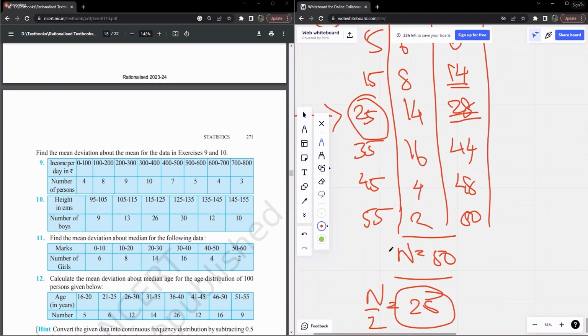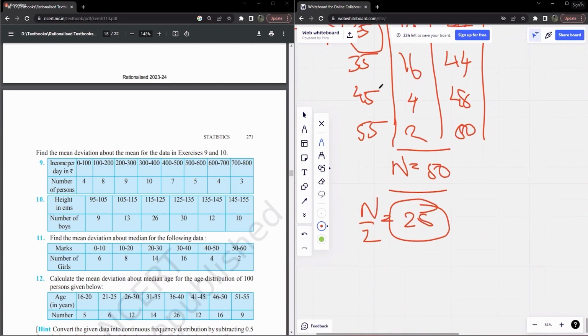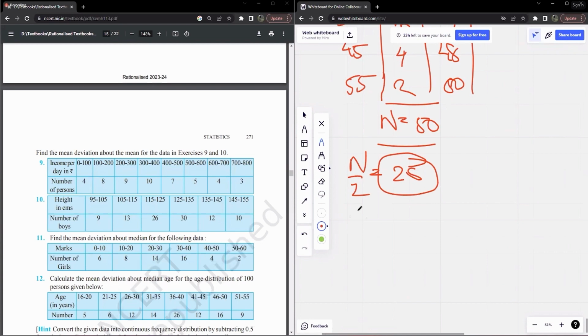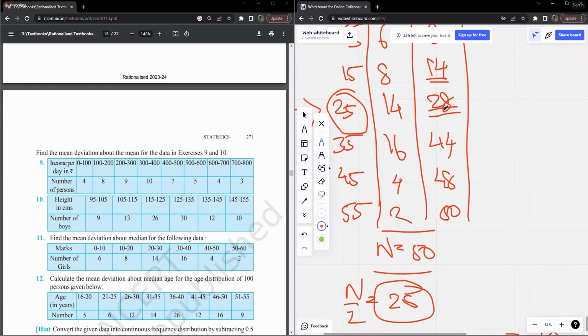That means the 25th value lies somewhere over here. So the lower bound small l is going to be 20. The upper bound small u is going to be 30. The cumulative frequency CF is going to be 28. For the class, it is going to be 28.